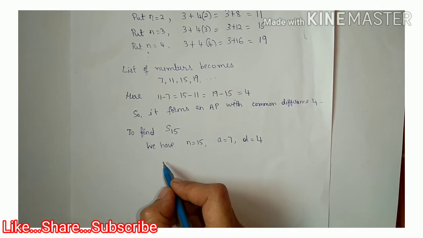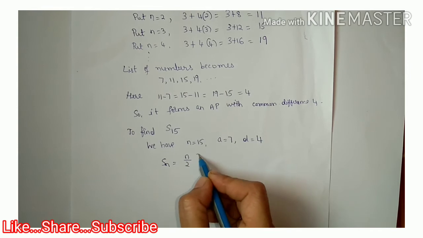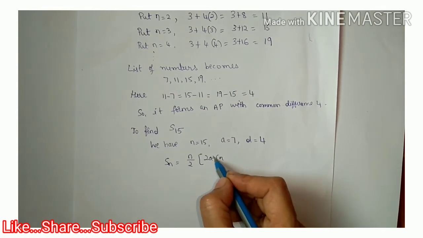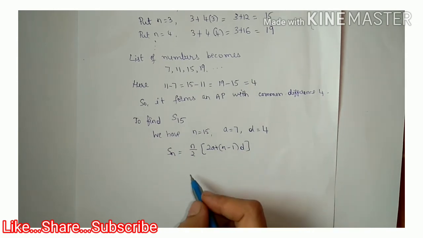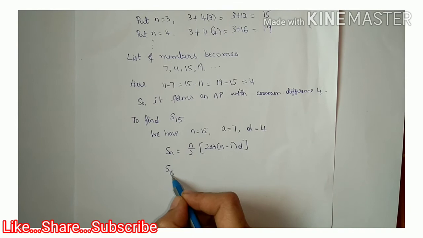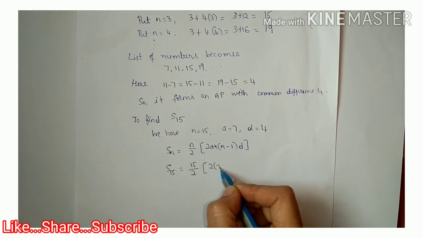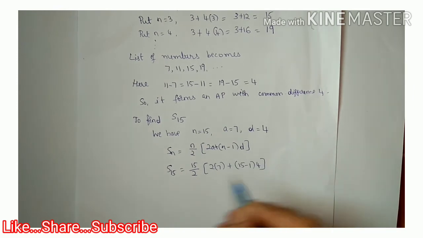We know the formula: Sn is equal to n by 2 into 2a plus n minus 1 into d. Here S15 is 15 by 2, 2 into 7 plus 15 minus 1, d is 4.